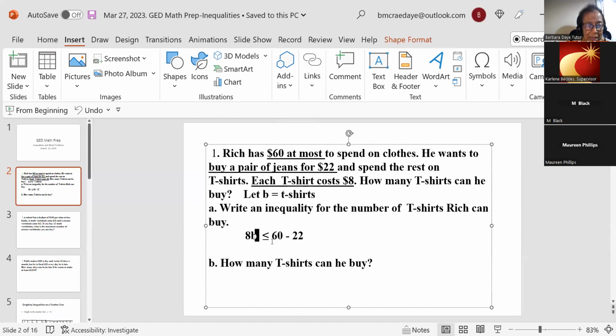What you have to spend is your original $60 minus the cost of the jeans. You got it?